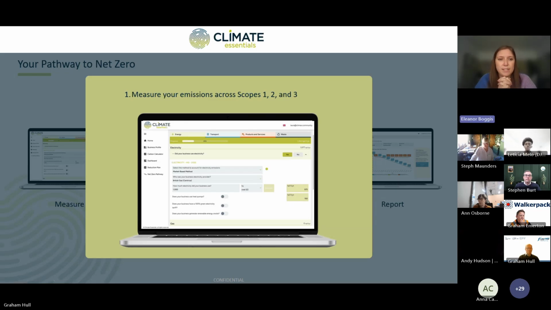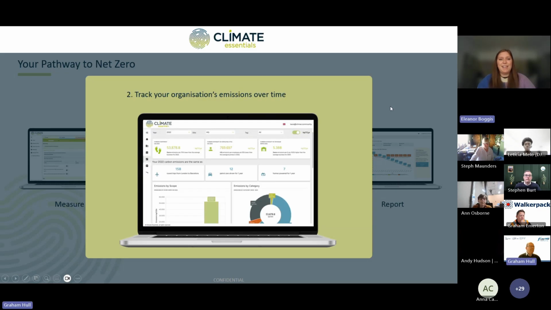And step 2. Next slide, please. Sorry. Yeah. It is all about tracking your organisation's emissions over time. So as Graham pointed out, for your ISO, it's very important that this is a yearly exercise. Your dashboard is going to let you quickly access your data, whether that's looking at this year's, last year's, or you can go all the way back to 2019.